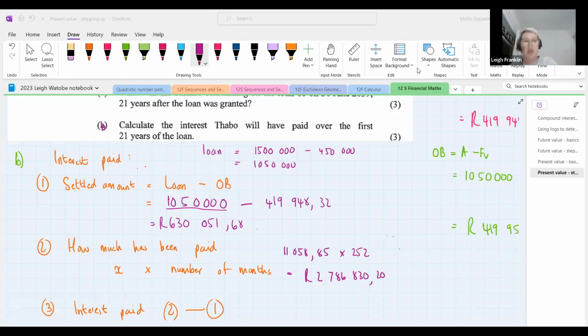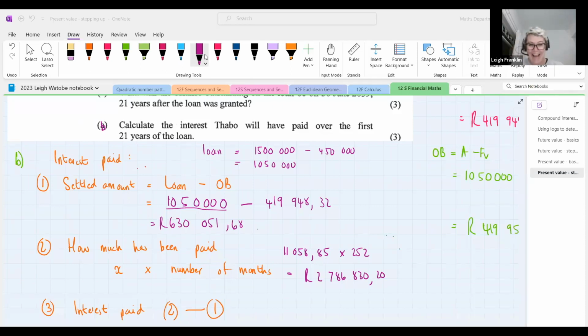Thabo is crying because he has bought a house essentially for just over 1 million, and after 21 years, this poor guy has paid back almost 3 million rand to the bank. He's bleeding in his pocket. The banks are laughing and smiling. Absa's happy, Standard Bank's happy, but Thabo is crying.